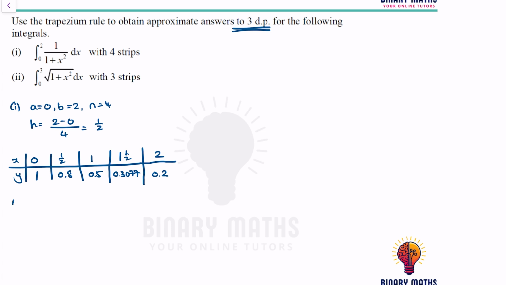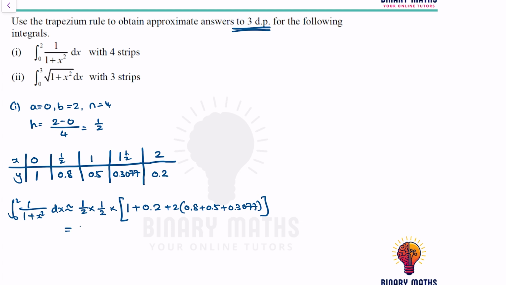So the area, when we integrate 1 over 1 plus x squared dx, is roughly equal to half times h, which is half again, times first y value 1 plus last y value 0.2 plus 2 lots of everything in the middle, 0.8 plus 0.5 plus 0.3077.